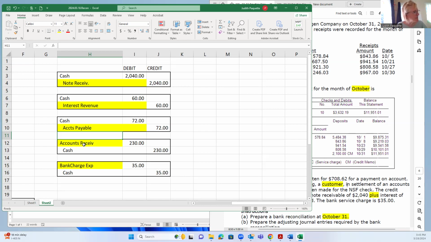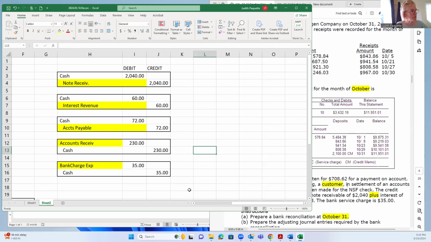Now they, again, I don't know how picky you guys are. They like to label accounts receivable and then add the customer's name. I don't do that. I think that's a little confusing because it's just the accounts receivable. So you will keep records by customer, but you don't need the journal entry to have that in it. You can put it in the description.